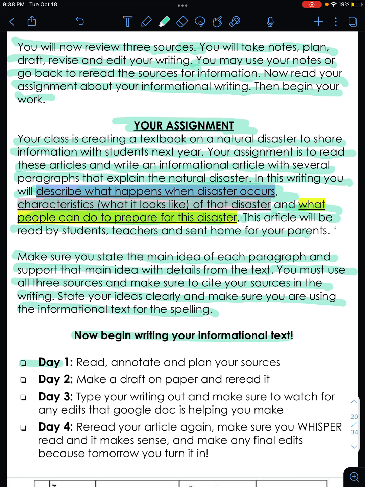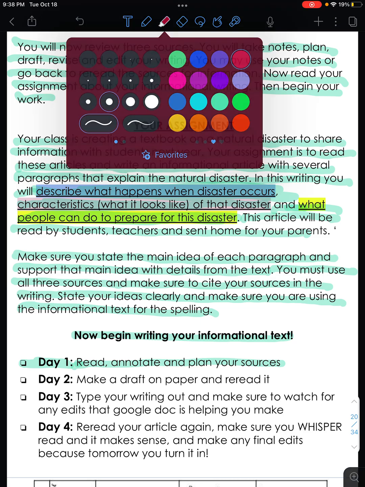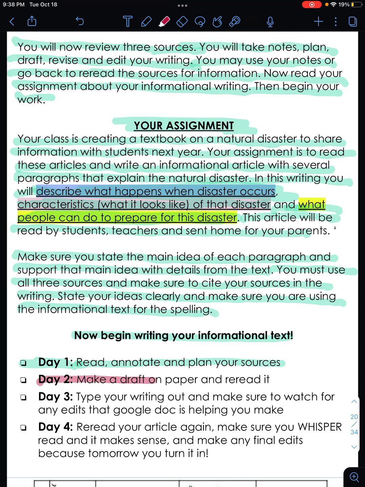Okay, so for day 1, you are going to read, annotate, and plan your sources. Okay, and we'll talk about how to do that. Okay, same thing like we did last week. Okay, then day 2, you are going to make a draft on paper and reread it.